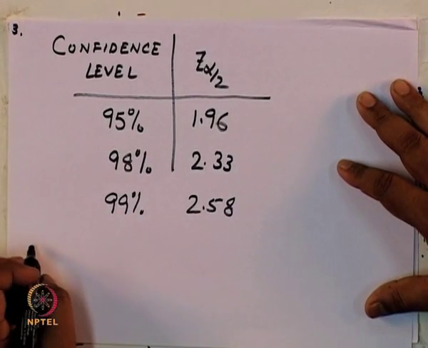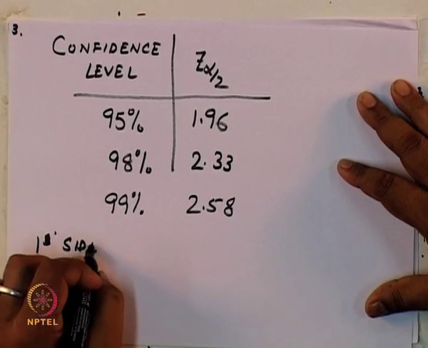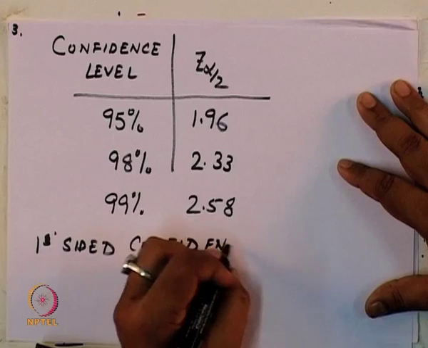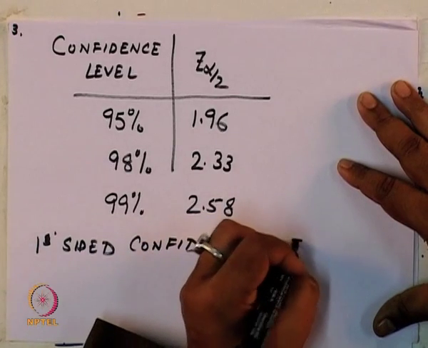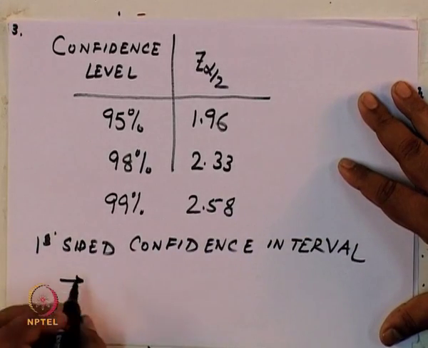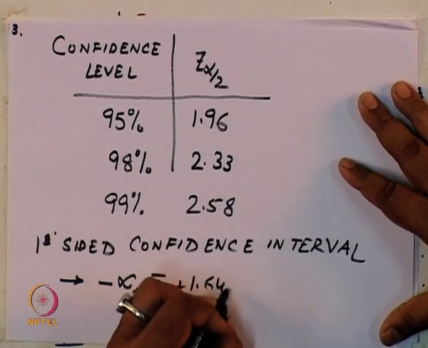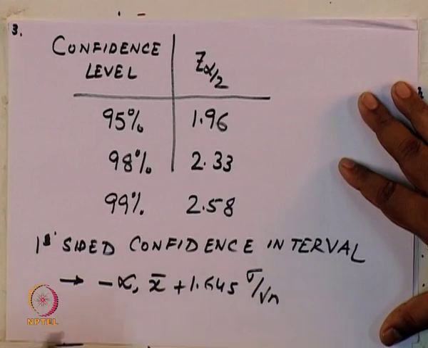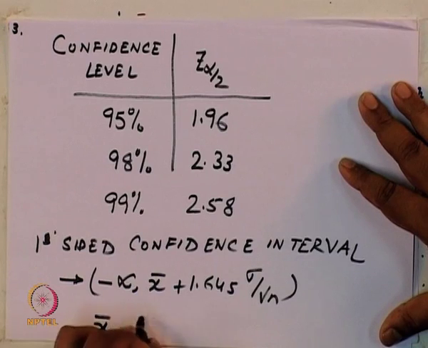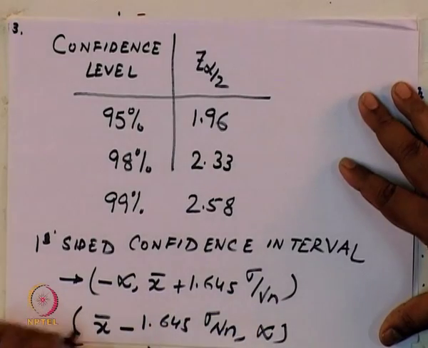In that case, the one sided confidence interval is given by either minus infinity to x bar plus 1.645 sigma by root n, or x bar minus 1.645 sigma by root n to plus infinity.